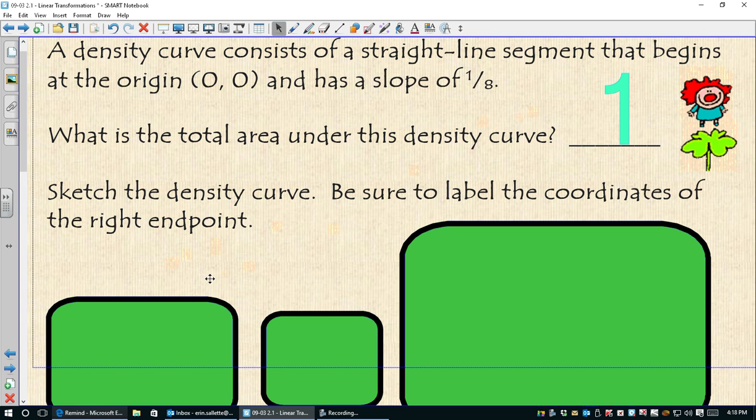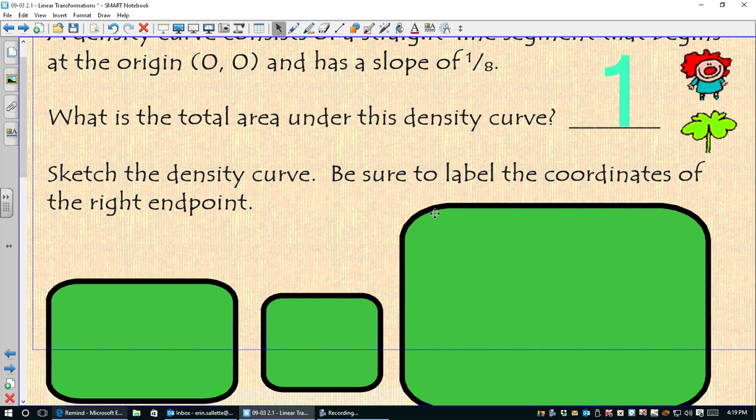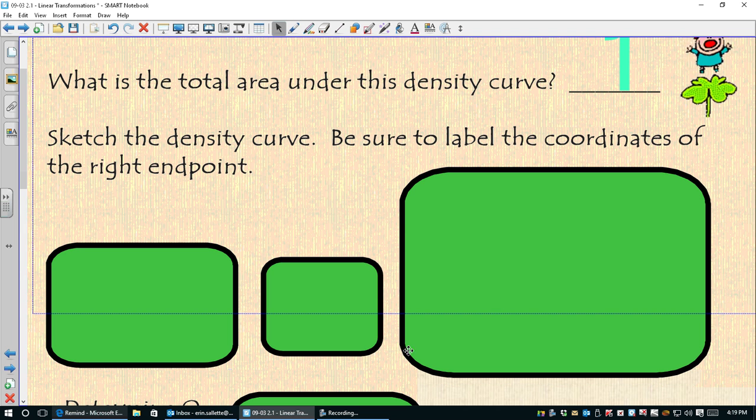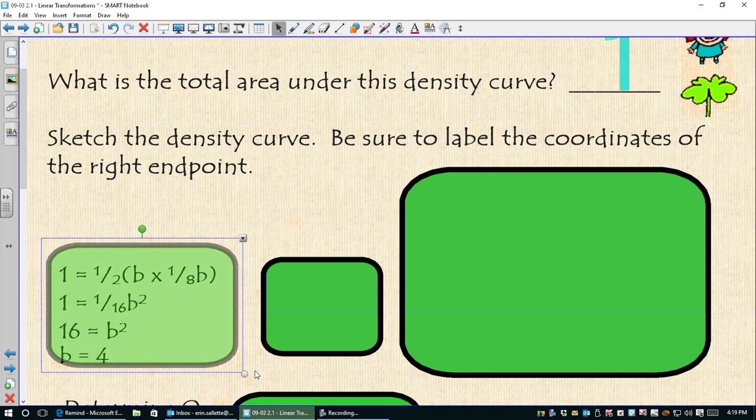So in order to sketch the density curve, we're going to think of it, okay, slope of 1/8. Straight line, starts at 0, 0, positive slope. It's going to go up like a ramp. But in order to sketch this, I need to basically come up with the length of this ramp and the endpoint. So we're going to do a little bit of algebra.